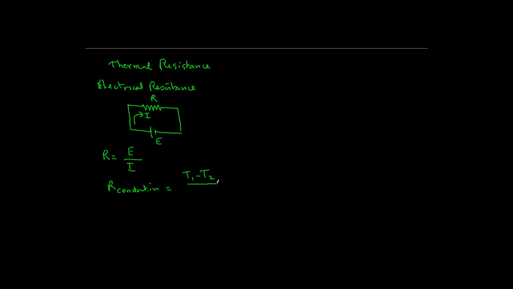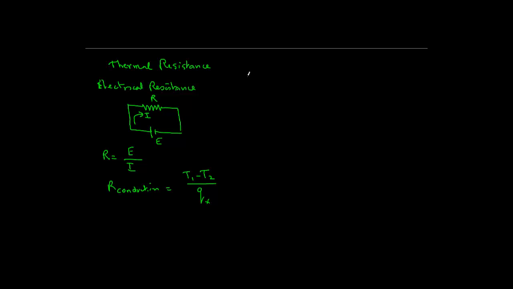So the temperature difference in our case is T1 minus T2, and for electric current the analogy is the rate of heat transfer, Qx, and of course we have thermal resistance on the left hand side. We'll call it R thermal.